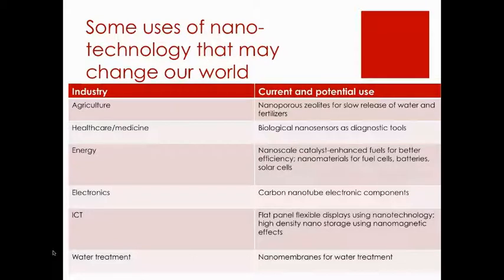And these nanoparticles have and do have significant opportunities for us in our current day. You can see no matter the industry, there is a current use that's being used right now and a potential use that can be used in the future.